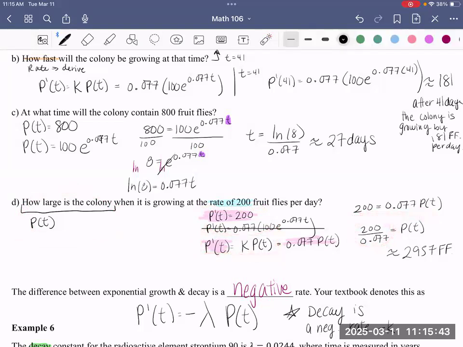Now, the other way, if we were to work backwards, you'll notice that when we work backwards, we have 0.077 times 100 e to the 0.077t. You'll have to solve for t.